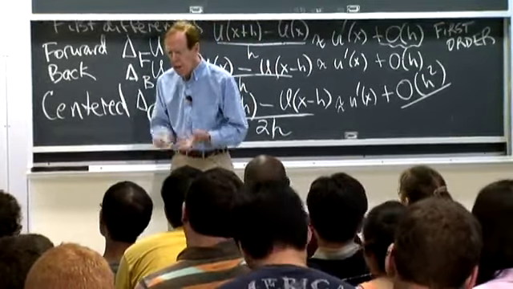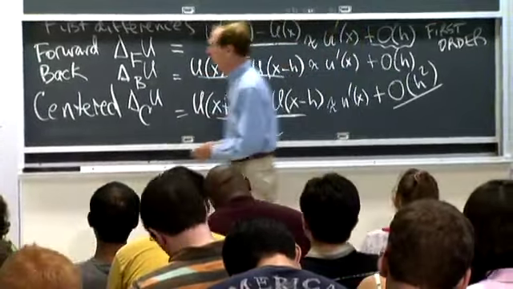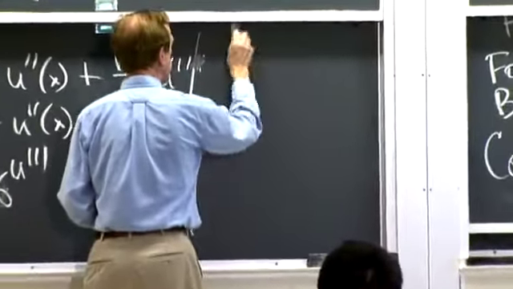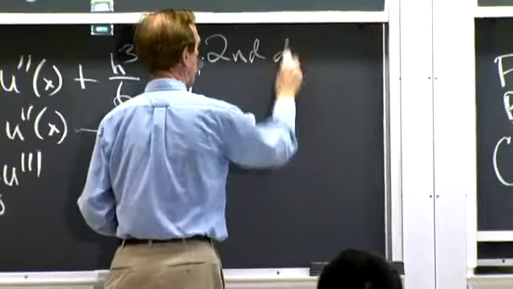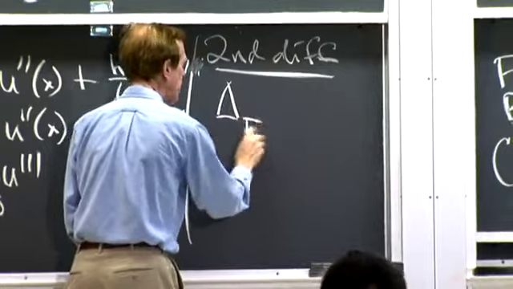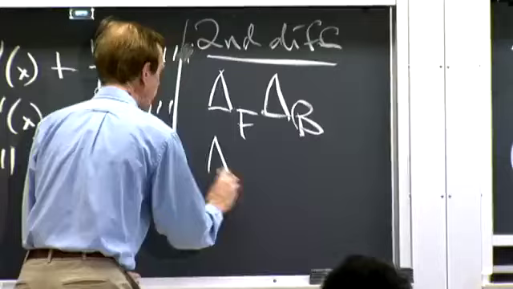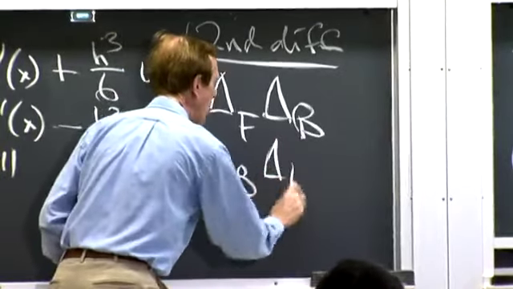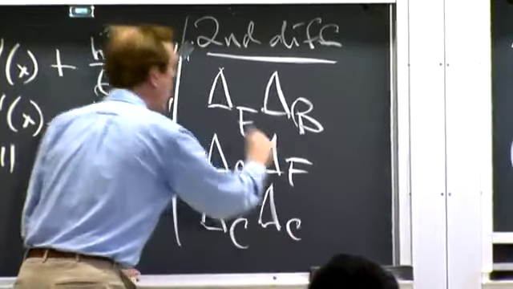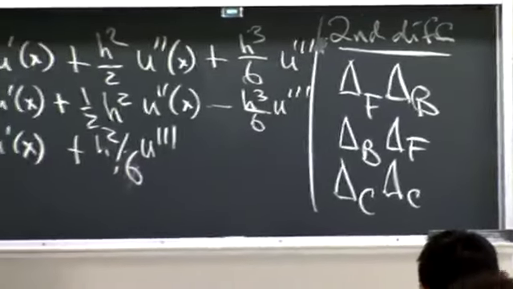So the natural second difference would be, now let me use this space for second differences. I could take the forward difference of the backward difference. Or I could take the backward difference of the forward difference. Or you may say, why don't I take the center difference of the center difference? All those, in some sense, are delta squared.